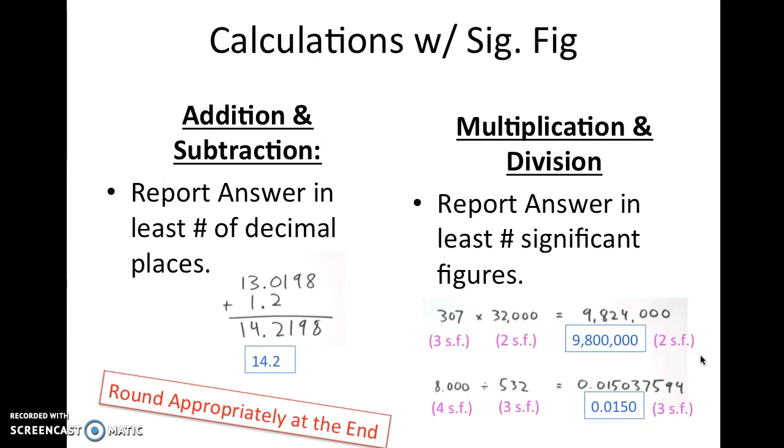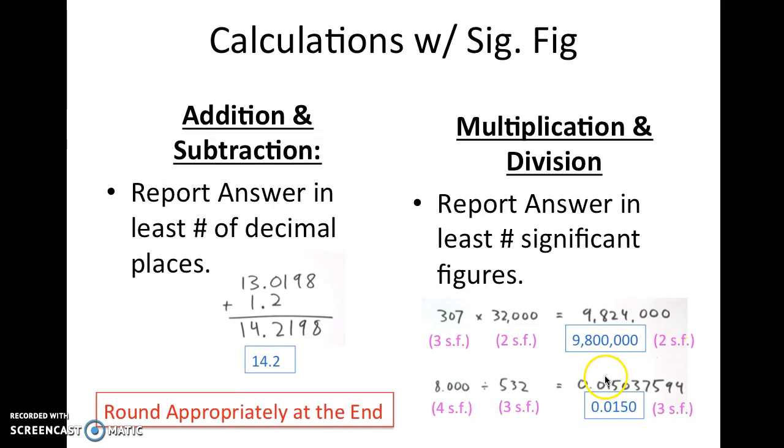All right, last note, make sure you round appropriately at the end. And what do I mean by that? Couple things. One, if you're doing multiple calculations, don't worry about doing significant figures the whole way through. Just at the end, report your answer in the proper number of significant figures for your final answer. The other thing is that when you are reporting your answer in significant figures, you always want to round appropriately.